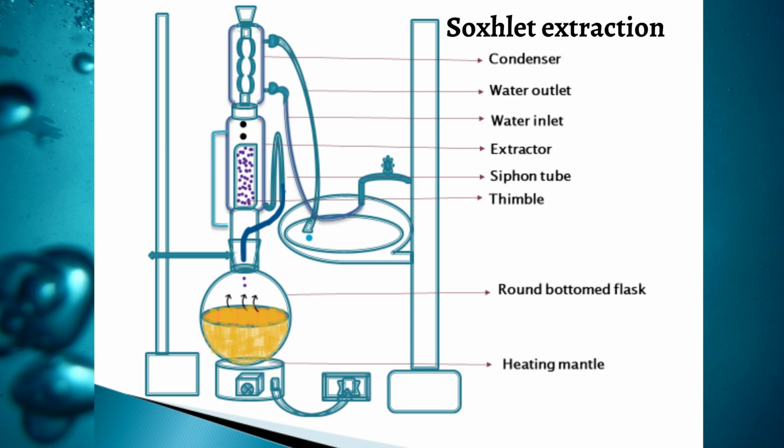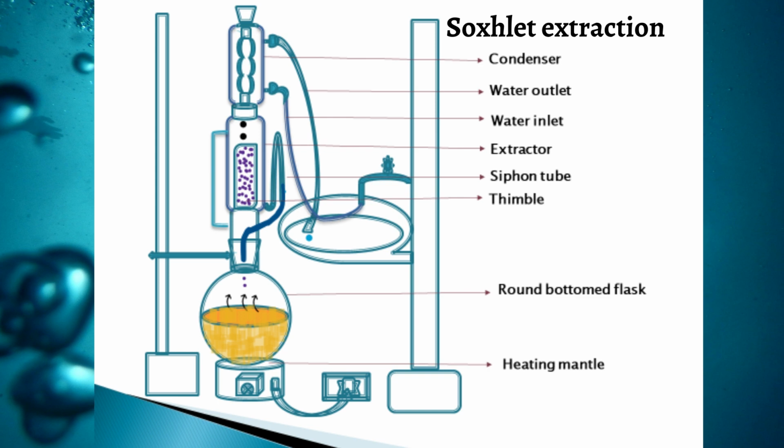Then the liquid will enter into the thimble drop by drop, and the crude drug is extracted by means of this solvent, and the extract will be collected in the siphon tube.